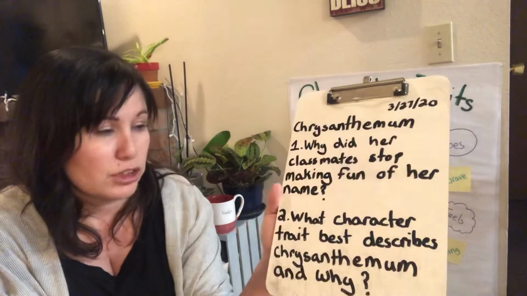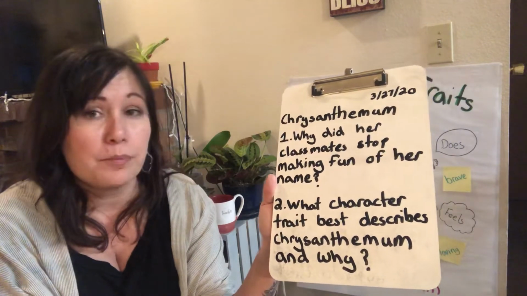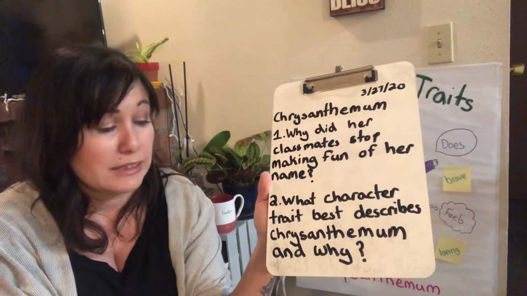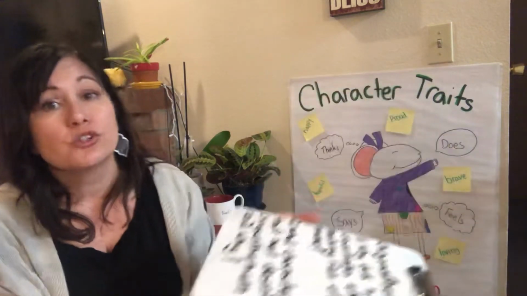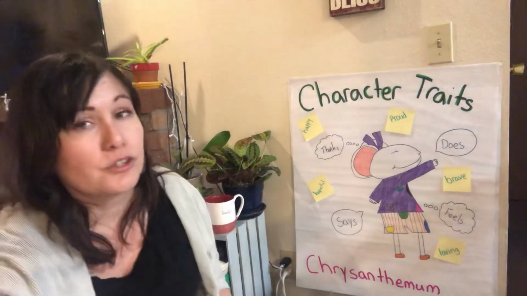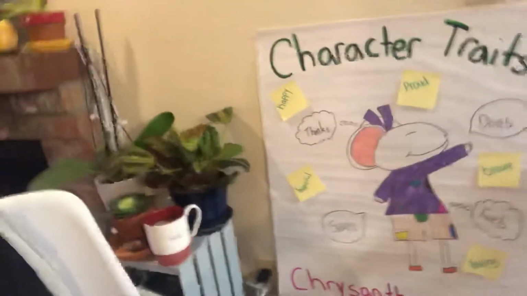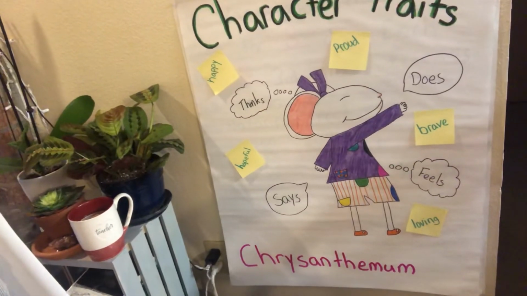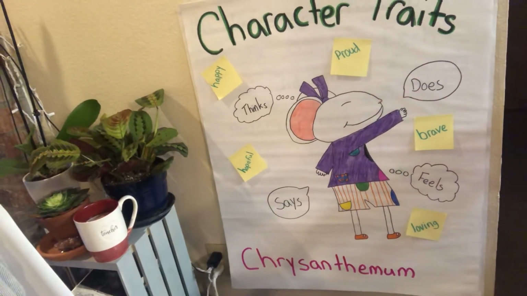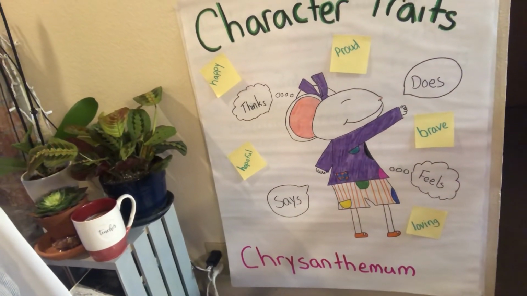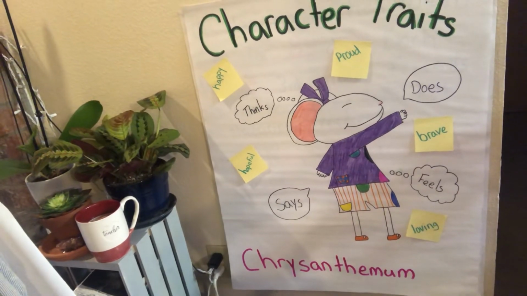The second question says, what character trait best describes Chrysanthemum and why? So you're going to think of all of these character traits that we thought of that help describe who Chrysanthemum is on the inside. To remind you, we said happy, proud, brave, loving, and hopeful.